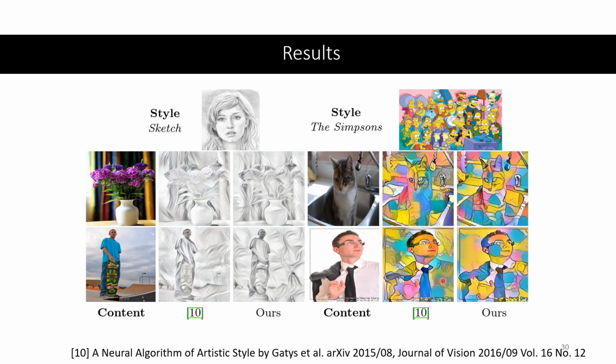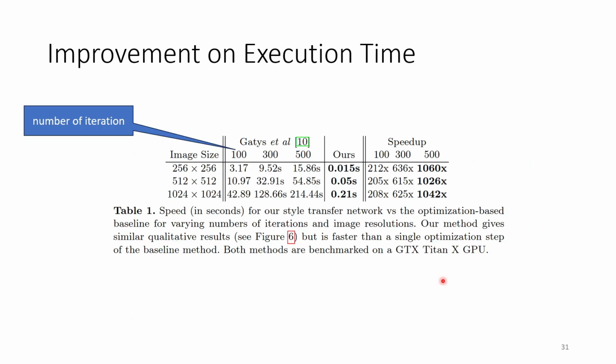So what is the improvement of their method? The execution time. The Gatys method requires many iterations. To generate a 256 square pixel image, if it runs 100 iterations, it takes 3 seconds to generate the image.